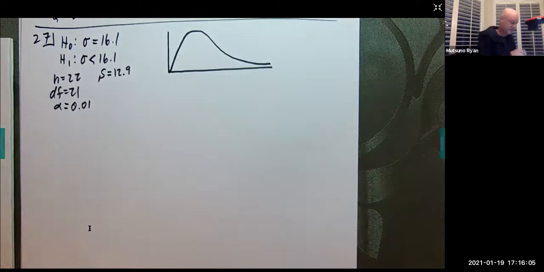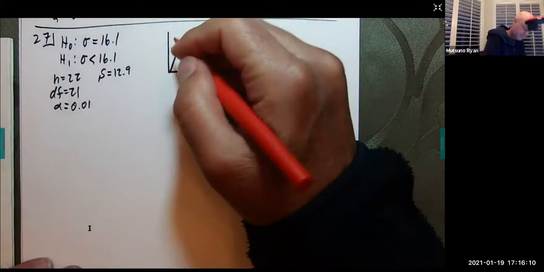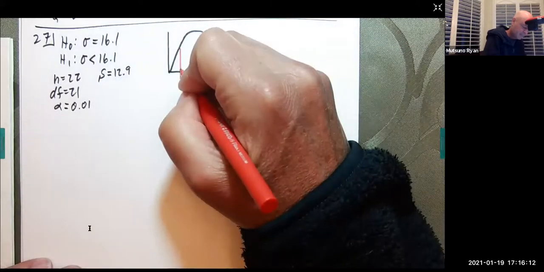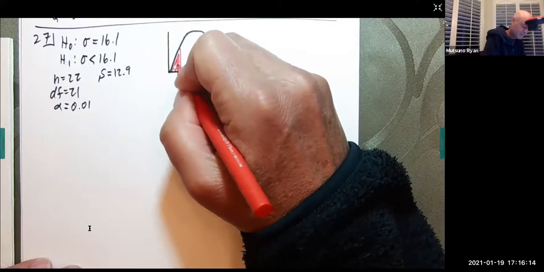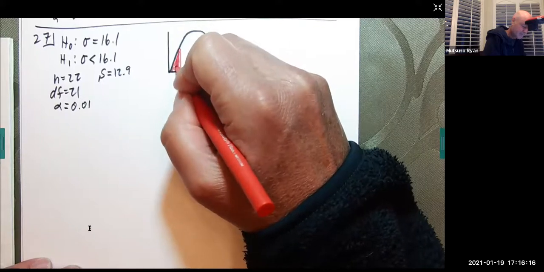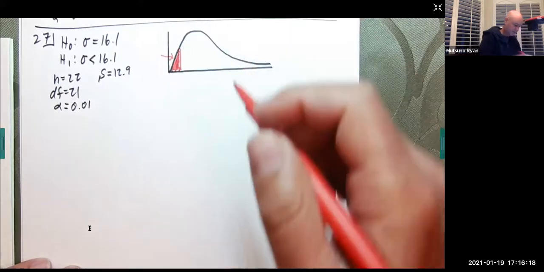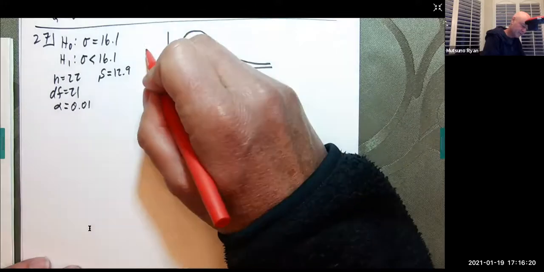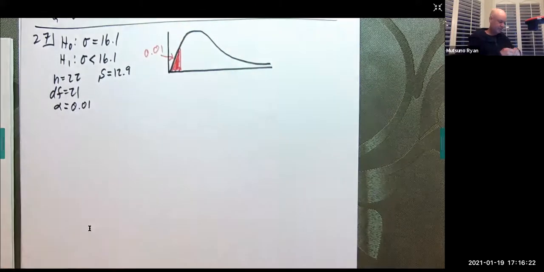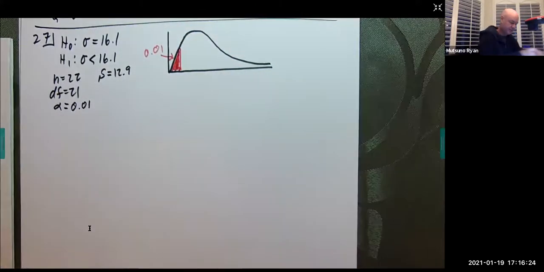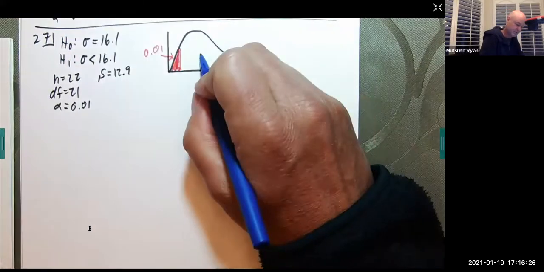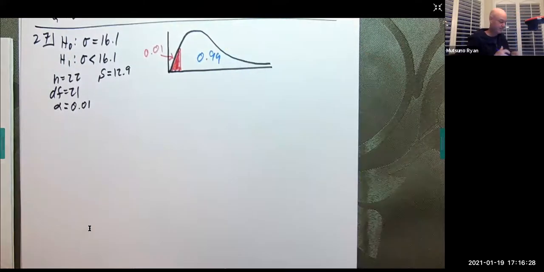So this is a left tail test. And this is going to be 0.01, which makes all of this 0.99, area to the right.